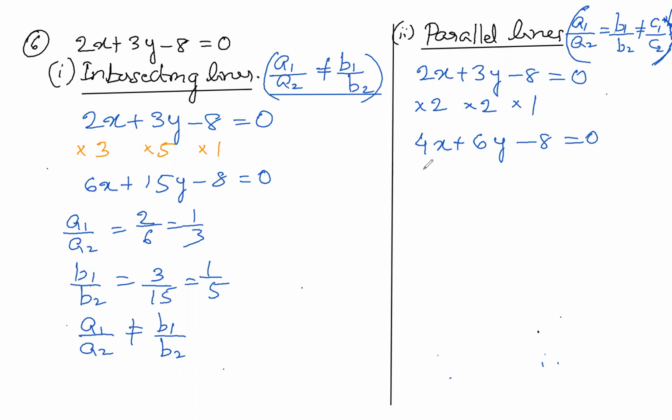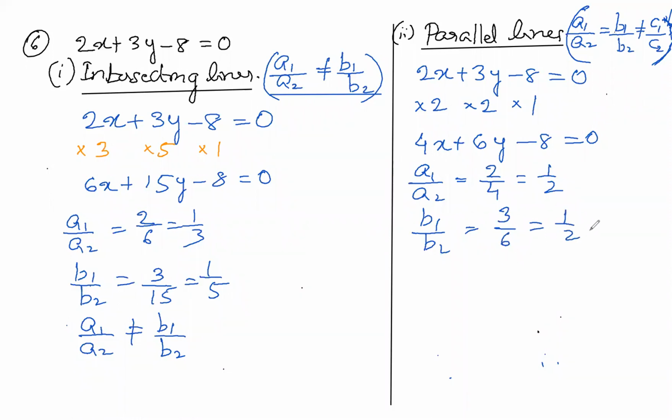And what is A1 by A2? It is 2 by 4, which is 1 by 2. And B1 by B2, Aisha? 3 by 6, that is equal to 1 by 2.